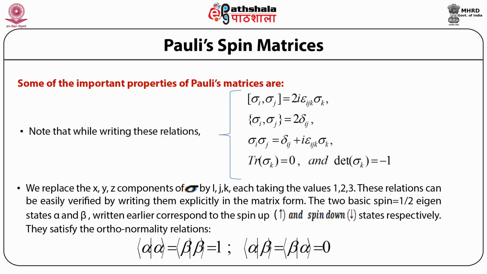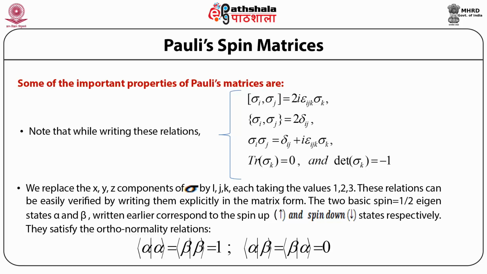Similarly, in the first relation, we have defined the commutation relation, that is, the commutation relation of sigma i and sigma j gives us the final result 2 iota times epsilon ijk times sigma k, where epsilon ijk is the tensor of rank 3 and is termed the antisymmetric tensor.